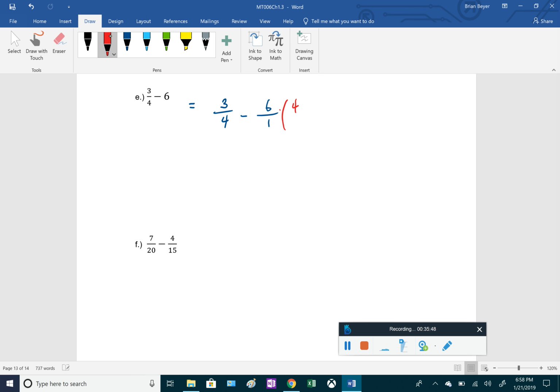So that means we have to multiply the second one by 4 over 4. We didn't even have to adjust the first one. So that's going to be 3/4 minus 24 over 4. 3 minus 24 is negative 21. So we get negative 21 over 4.